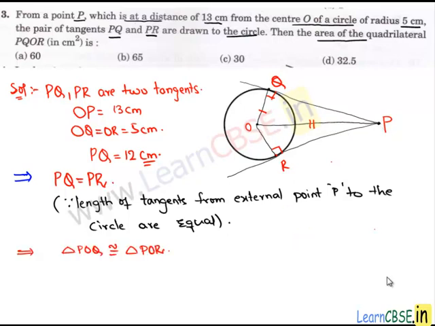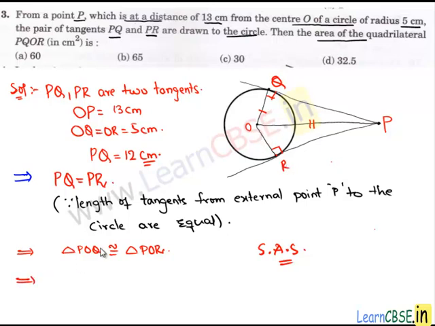It is because they have a side OP common and angles are the same, and also the pair of tangents are the same. By side angle side property, we can say that triangle POQ is similar to triangle POR.